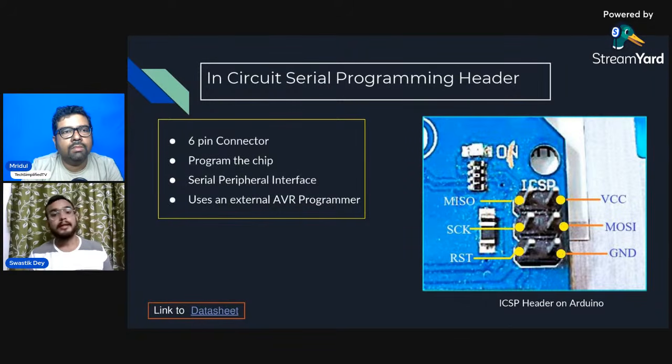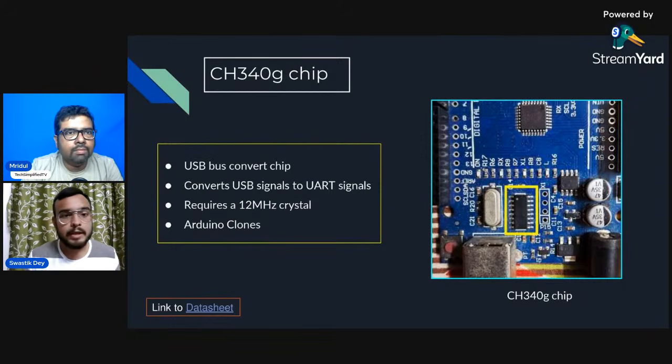If we go to the next slide, the CH340G chip. As we can see on the right hand side, the CH340 chip sits very close to the USB port of a microcontroller.